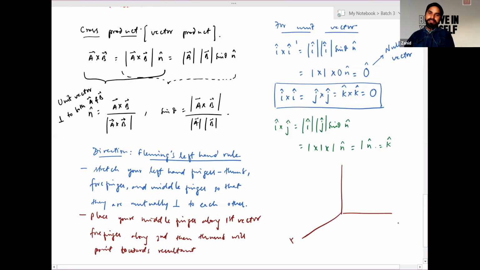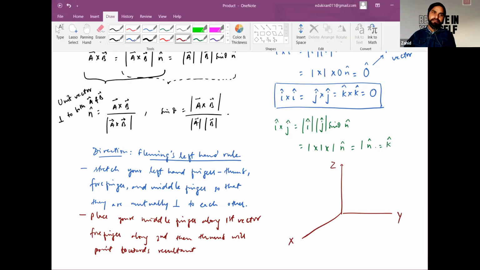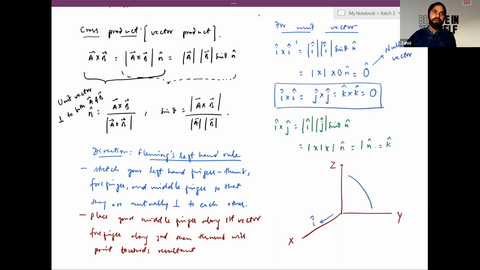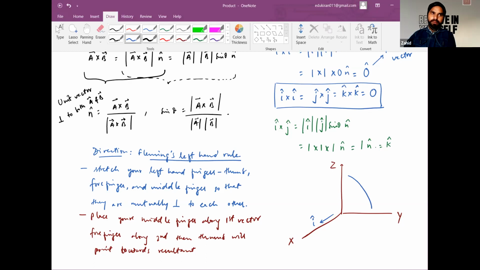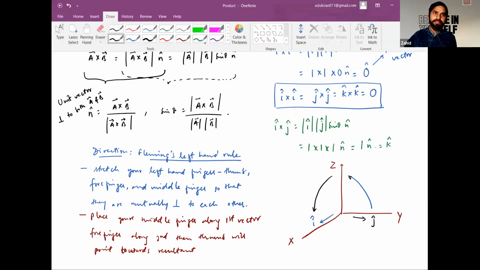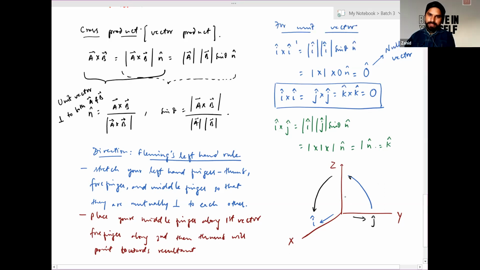Similarly, if you use the unit vectors, we have the x-axis, y-axis, and z-axis. The vector along the x-axis is I cap, along the y-axis is j cap, and along the z-axis is k cap.